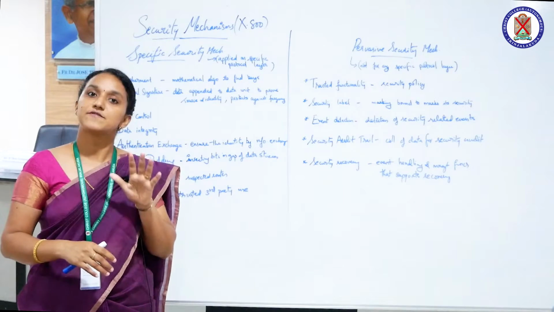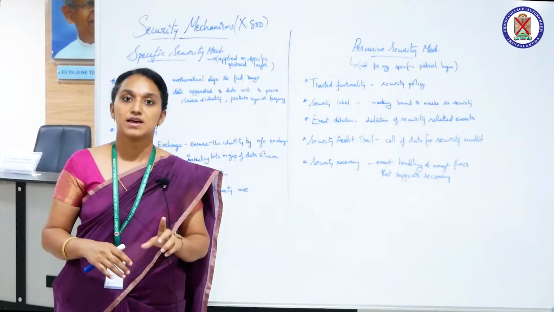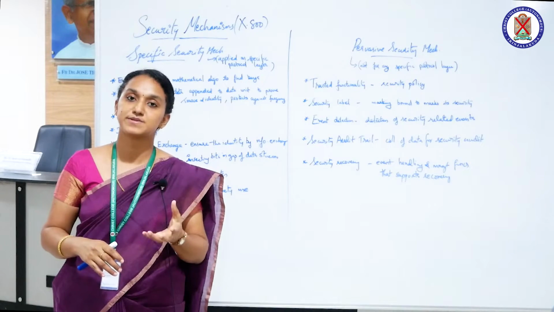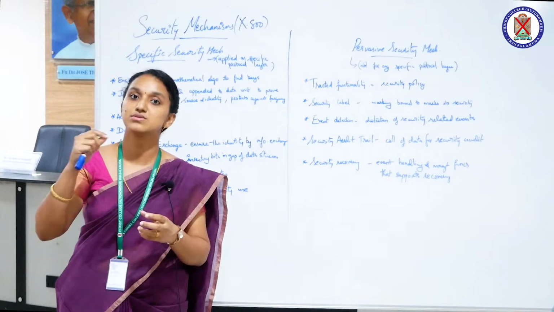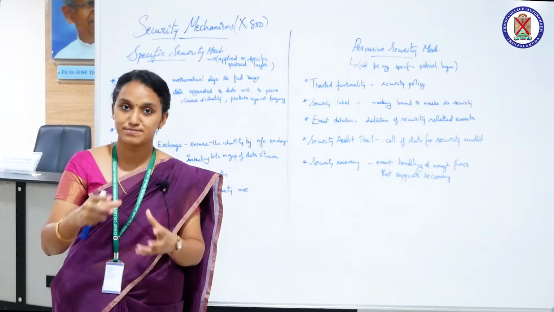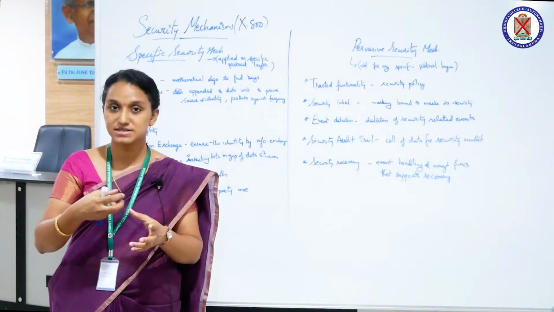Next is traffic padding. When the terms traffic flow and traffic analysis come up, there's only one meaning. The opponent is trying to obtain the pattern of message that is being sent from the source to destination. So the message is encrypted or scrambled, and he's trying to obtain the pattern from it.